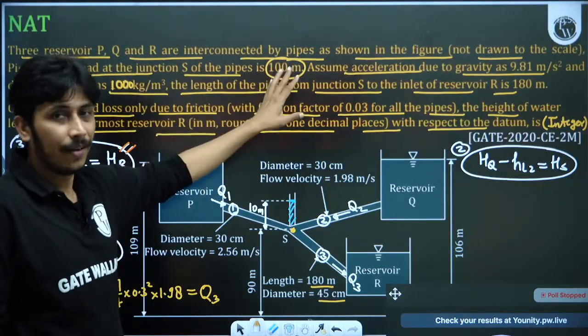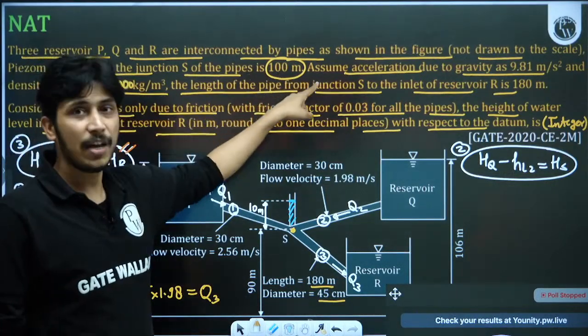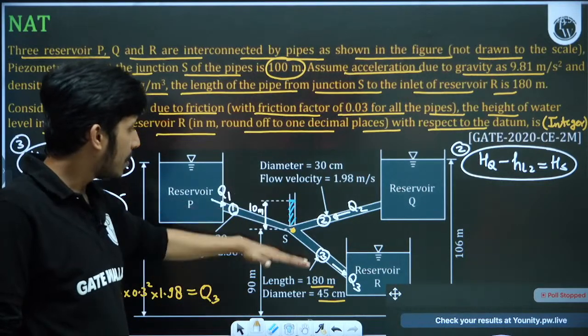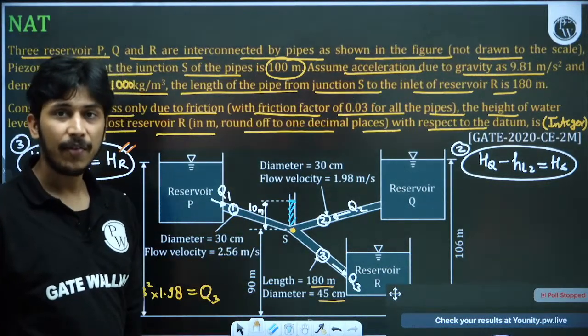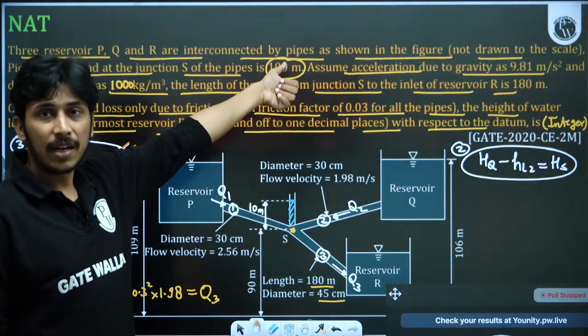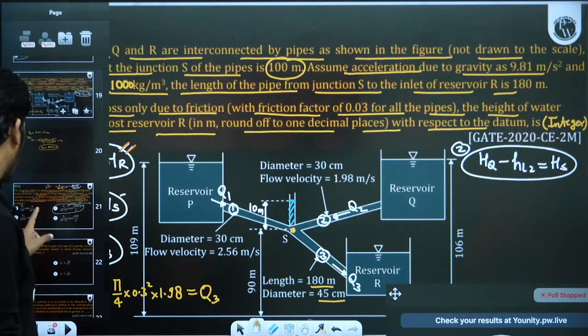Don't do this, dear. I have made the piezometric head at the section 100. Here also I have written 90 plus 10. The total head is 100.